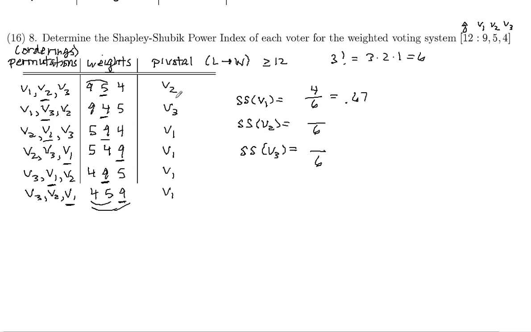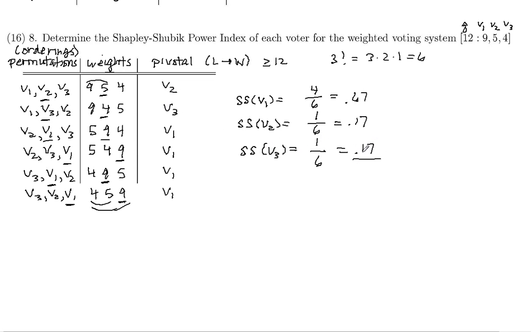For voter 2, they're only pivotal 1 time out of 6. So that's 1/6. 1 divided by 6, about 0.17. And then voter 3, pivotal once out of 6, so this is 1/6, which is again about 0.17.